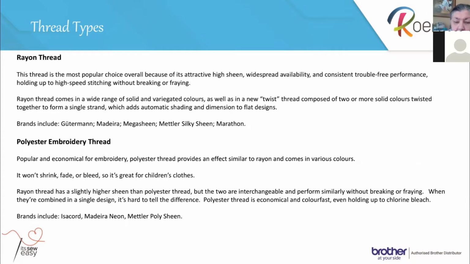And the Rayon thread has a slightly higher sheen than polyester, so that is where the Rayon thread has a little bit of an advantage. But when you combine these two threads in one design, you'll barely be able to tell the difference. So for this one, the polyester is also colorful. I didn't add the colorful there at the bottom, but it's mostly Colorful and your Isakor types of threads.